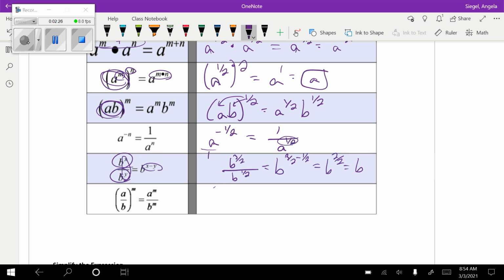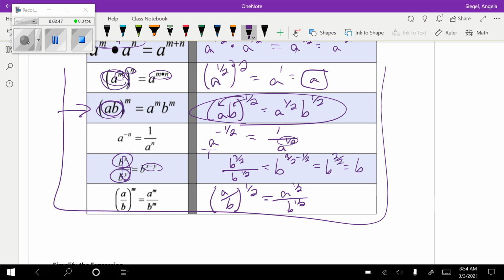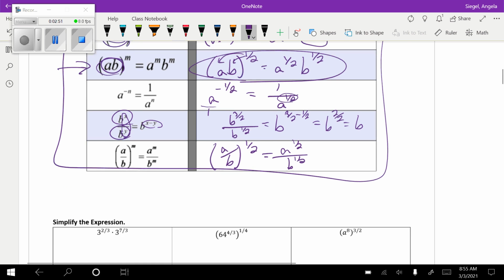And finally, the last one: a over b taken to the 1/2 power. This is very similar to the one we did up here. Just like we did up here, we're going to distribute, so a to the 1/2 power over b to the 1/2 power. From here on out, we're going to use all of these properties. You've used these properties before, they just look a little different with rational exponents.